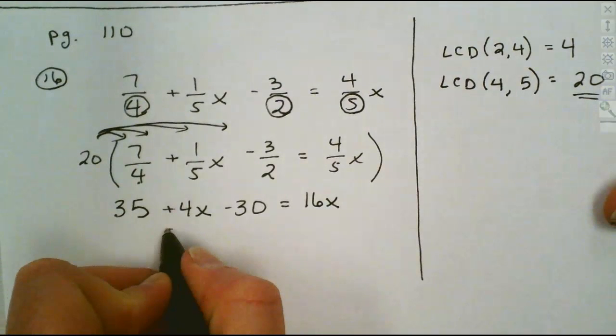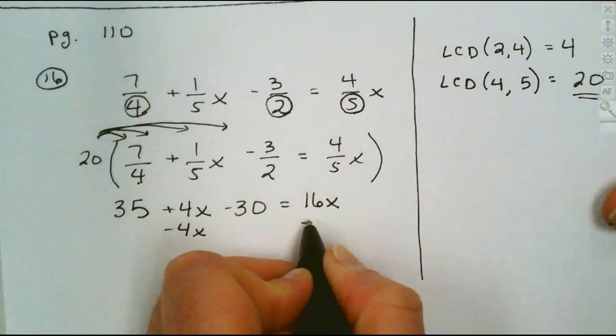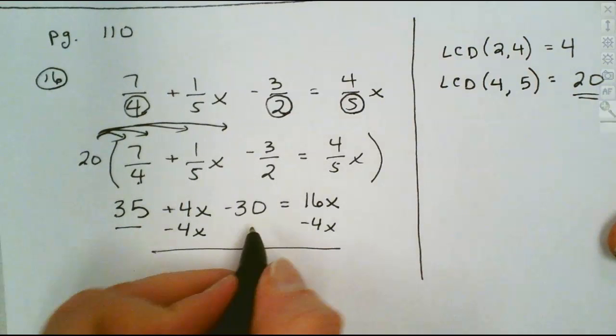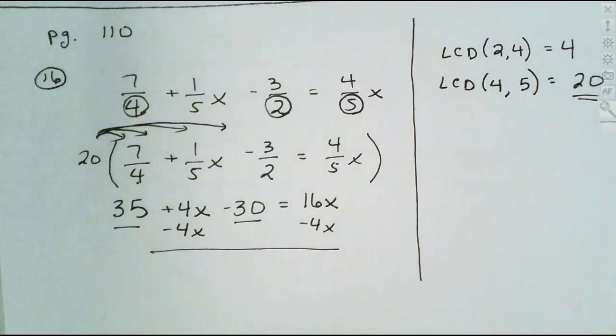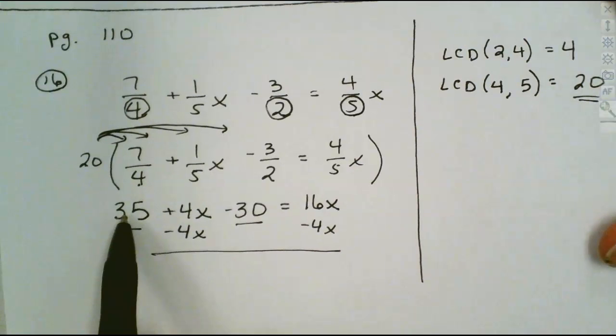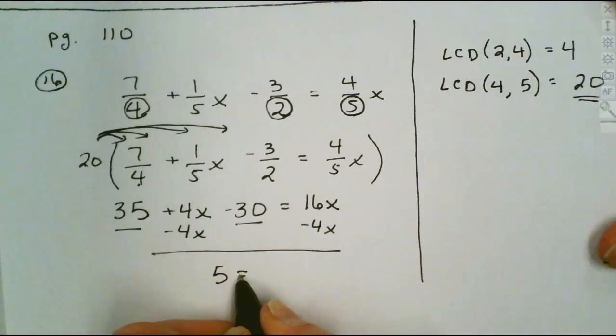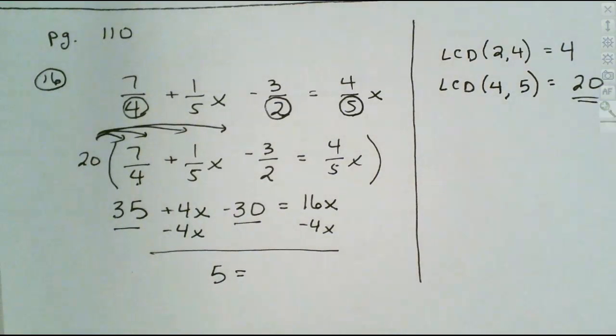I'm going to begin by moving that 4x over. And then I can combine that 35 and that negative 30 together. So 35 minus 30, well, that leaves you with a 5.